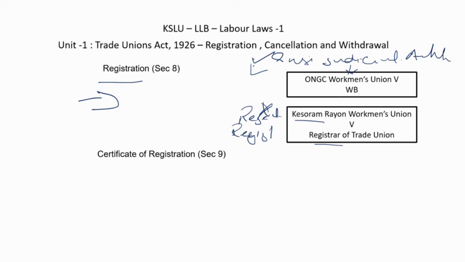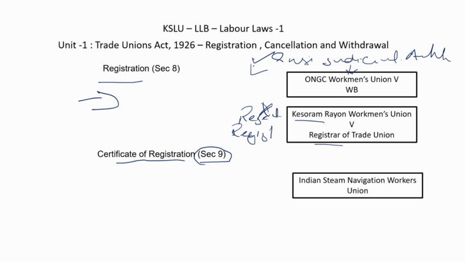Certificate of registration. Once the registrar is satisfied with the documents submitted by the members, he has to issue a certificate of registration to the members as per section 9 and the format prescribed in section 9. Again, rejecting the application is not permitted to the registrar if all the documents are as per the Trade Union Act.